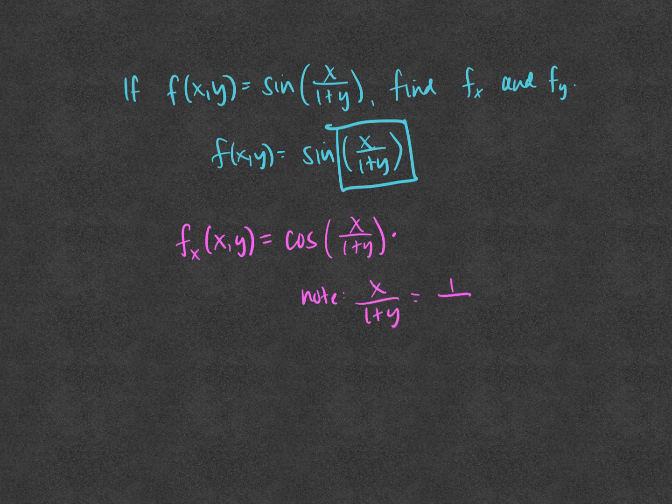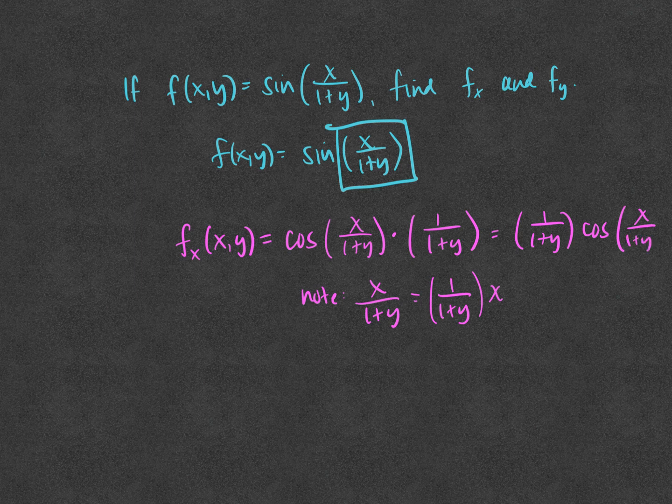You could write this as 1 over 1 plus y times x, because the x is completely in the numerator. So the derivative of that is 1 over 1 plus y, and the derivative of x is 1. Now, in order to make sure it does not get absorbed into your cosine, you should move your constant to the front. So 1 over 1 plus y, cosine of x over 1 plus y.